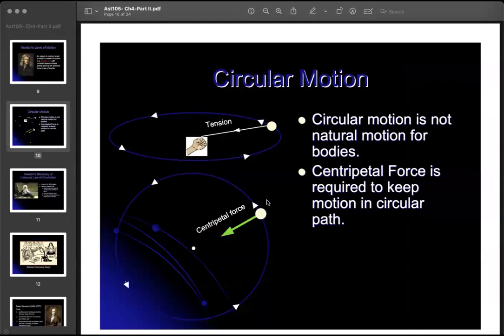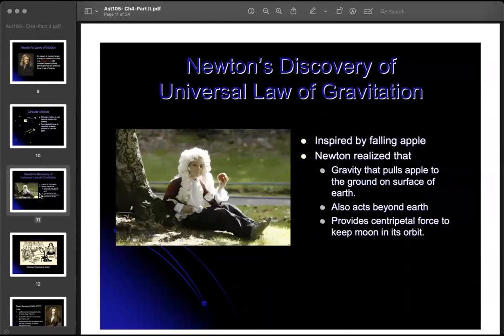He had come up with this idea of centripetal force. He found that anything that goes in a circular path has a force coming from the center which keeps it in that circular path, and that force he named centripetal force. Then he looked at the moon, and saw that it goes in a circle around the Earth, and according to his law, nothing could go in a circular path unless a force is continuously acting on it.